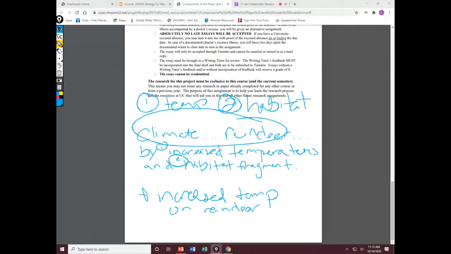Okay. Keep that paragraph focused and organized on that topic. The paragraph after that wants to be on habitat on reindeer. If it's not on those two things, it doesn't belong. Okay.